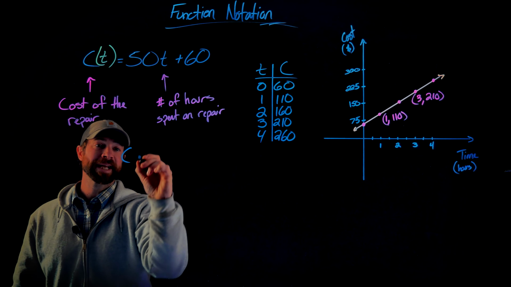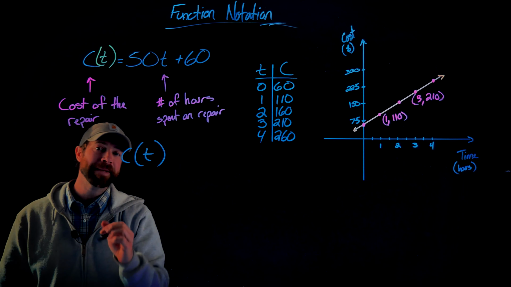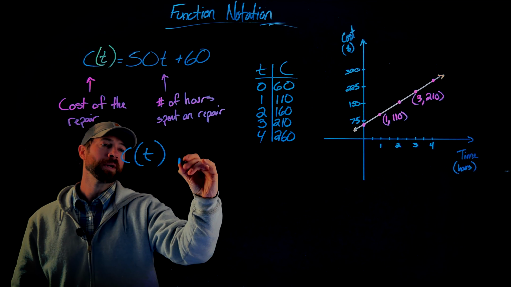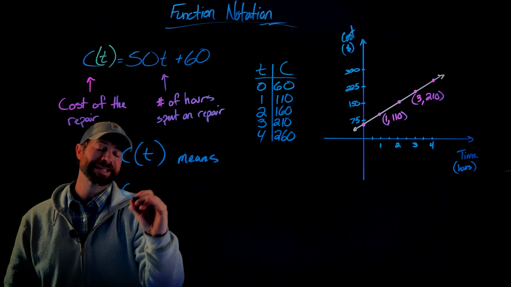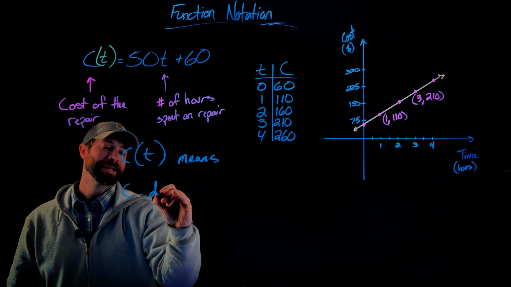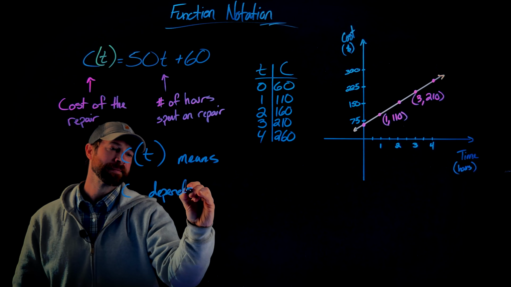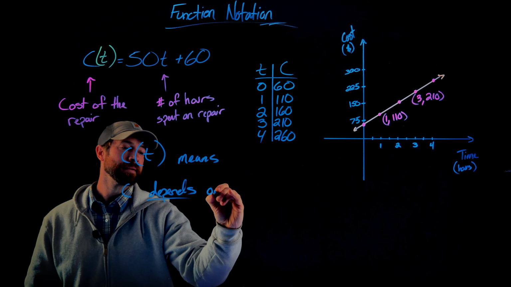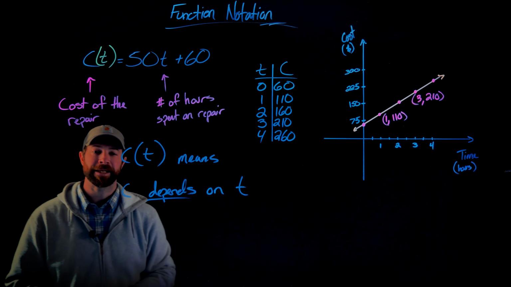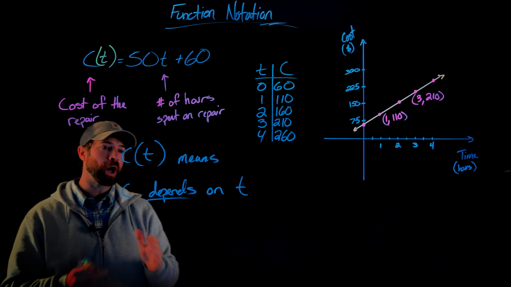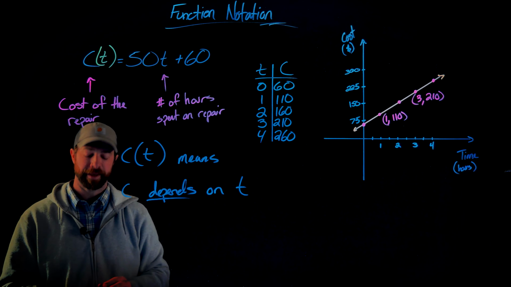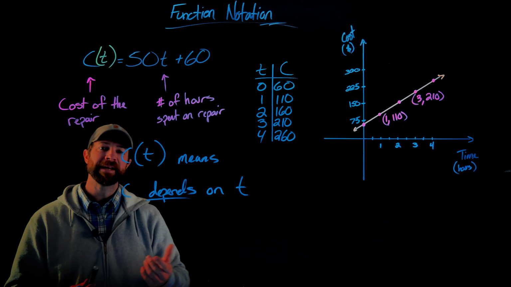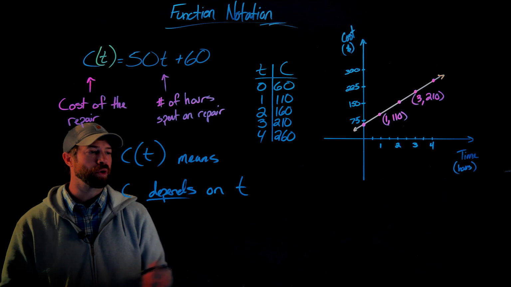Importantly, this notation, C of t, does not mean C times t. What this means, it's telling you that the variable C, or the value of C, depends on the value of t, or in our context, the cost of the repair depends on the amount of time on the repair. Now c and t mathematically have very specific roles.